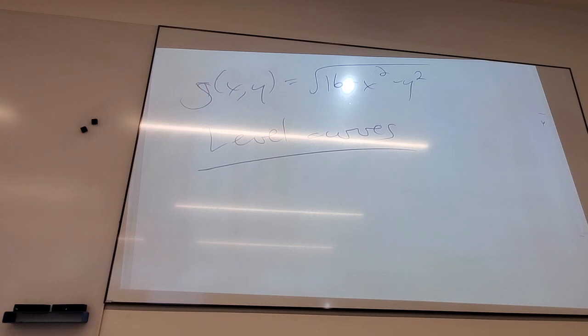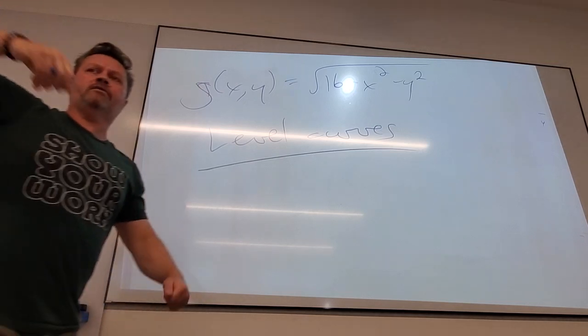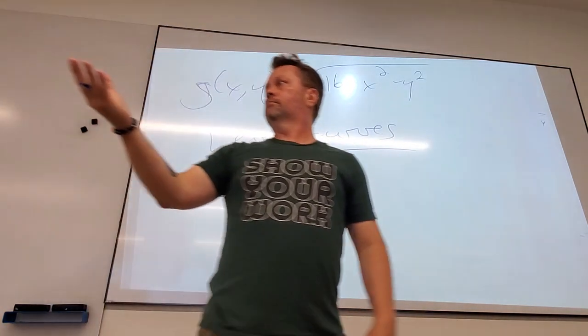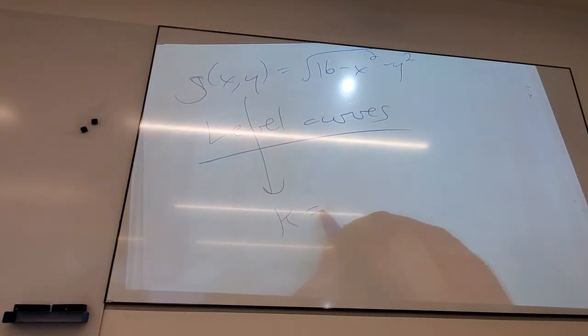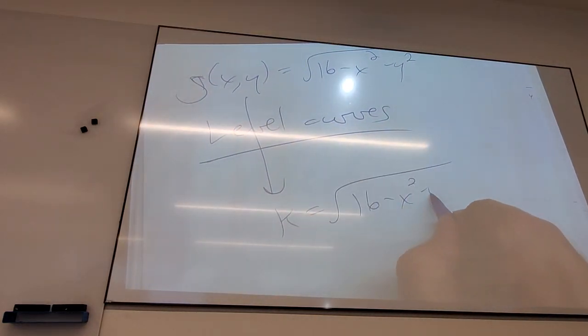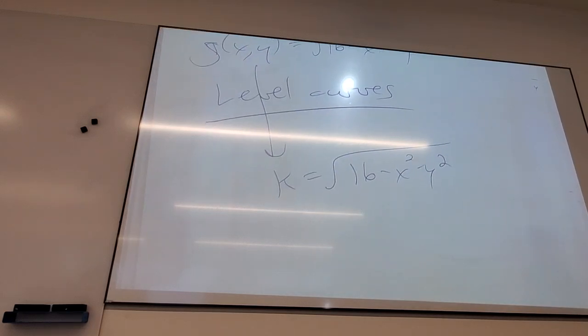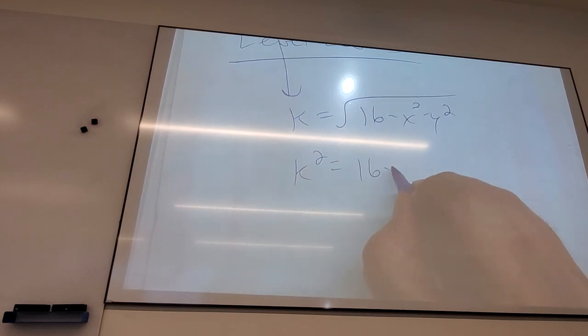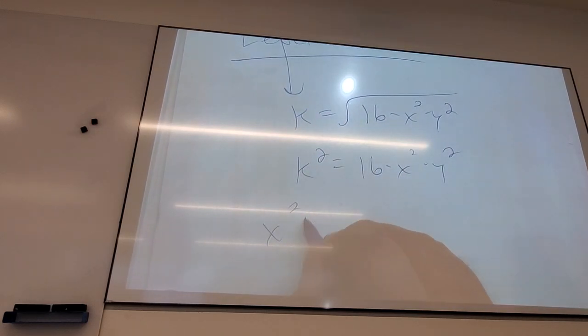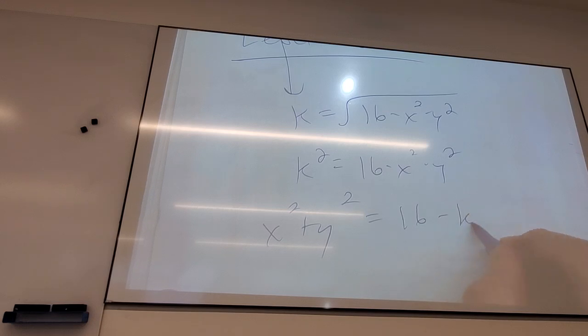So just replace g of xy with k. Now solve this a little bit. Square both sides, add over this business, subtract the k squared.